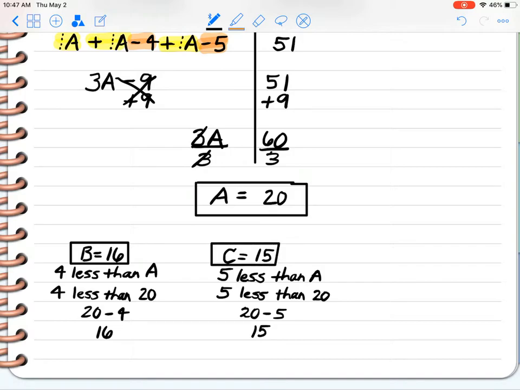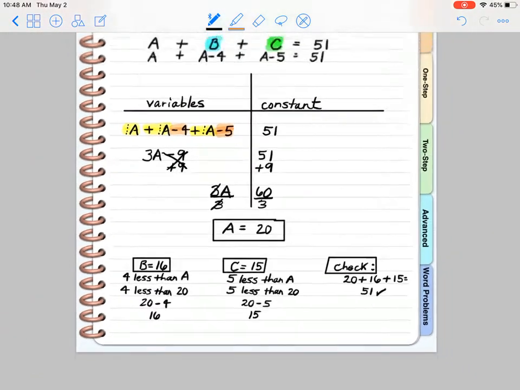And the neat thing about this is that we can check our math. So to check this one, you need to add A plus B plus C, and you better get your constant. If you don't get that constant, something is wrong. But fortunately, this one checks out, and I can tell you that this is a finished problem with correct answers.